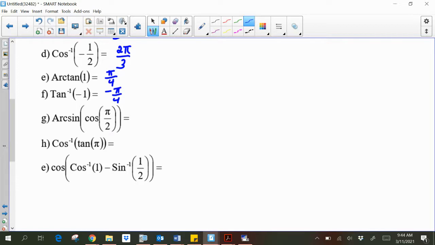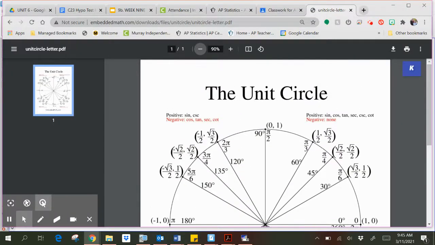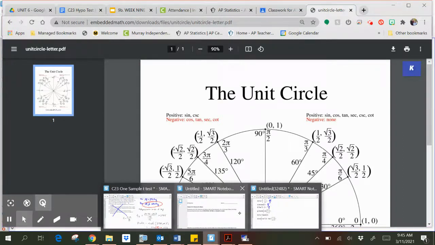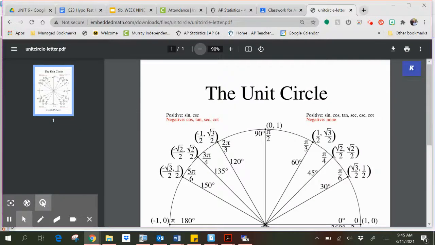All right, the rest of these look complicated, but they're not. They're just like order of operations questions. So the first thing here, what is the cosine of pi over 2? Just cosine of pi over 2. 0. So then what is the inverse sine of 0?